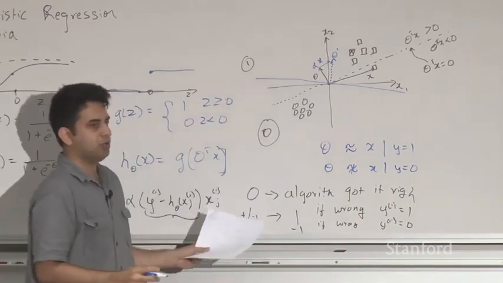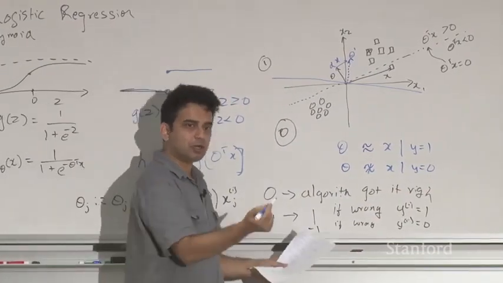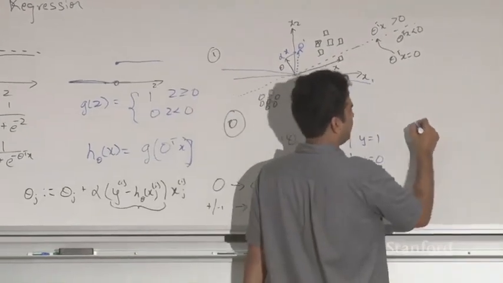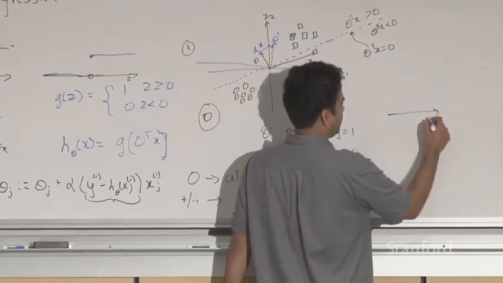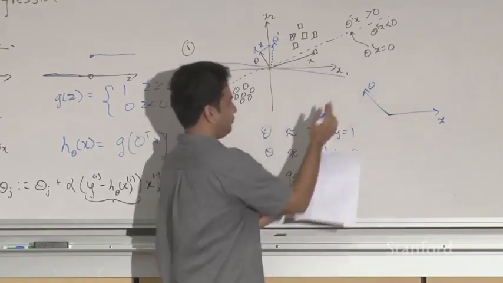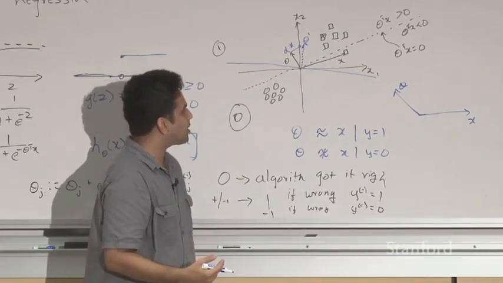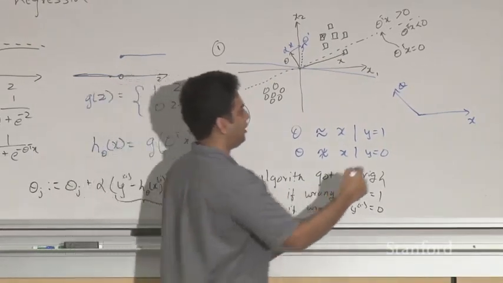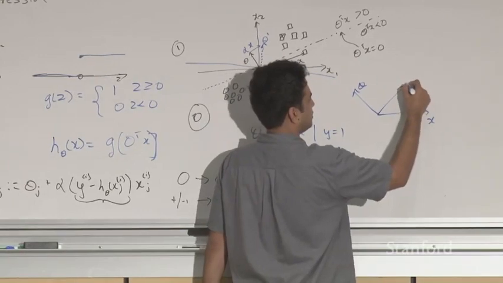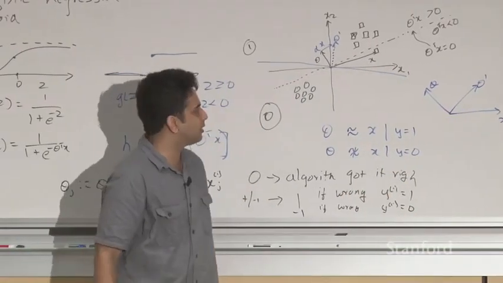The reason is when two vectors are similar, the dot product is positive, and when they are not similar, the dot product is negative. What does that mean? If let's say this is x, and you have theta, if they're kind of pointed outwards, their dot product would be negative, and if you have a theta that looks like this, let's call it theta prime, then the dot product will be positive if their angle is less than 90 degrees.